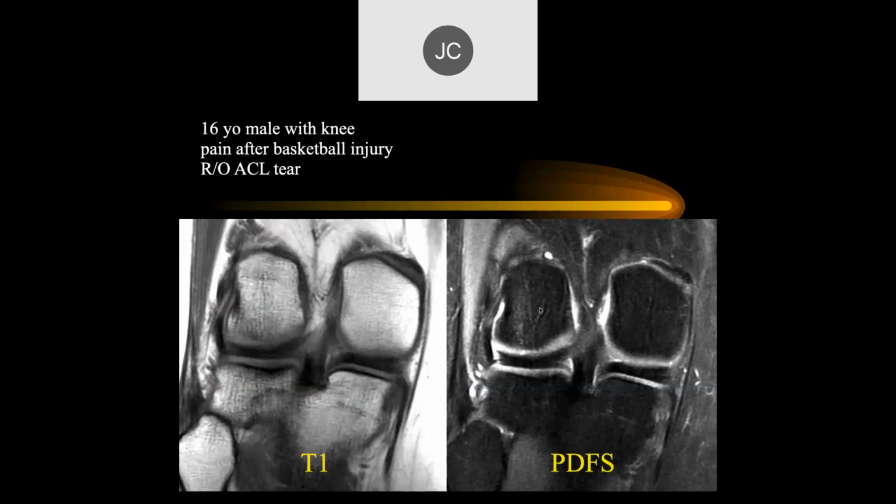For those of you who listened to the Kurt and Job lecture that Bert Mandelbaum gave the other day, a lot of people are getting more and more interested in this because people are starting to recognize in athletes where you get the bone bruise lesions, that I think are lesions where you actually impact the articular surface of the femoral condyle, usually. Also, it could be the tibial plateau.